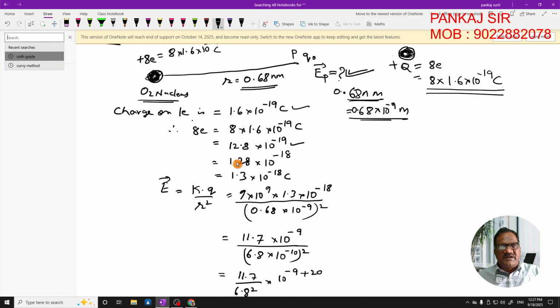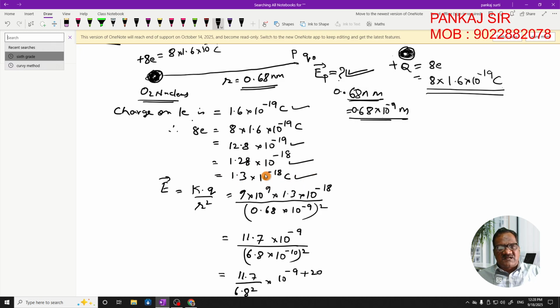This can be written as 1.28 into 10 raised to minus 18 coulomb. If I round it up, 1.28 can be written as 1.3. So ultimately your charge 8e is equivalent to 1.3 into 10 raised to minus 18 coulomb.